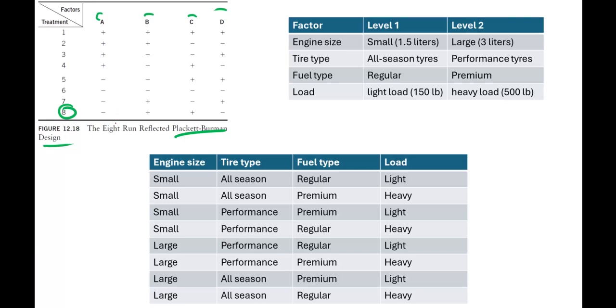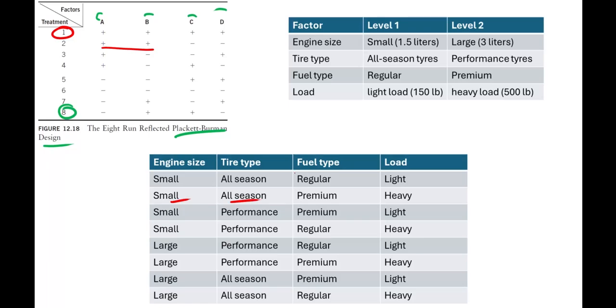Let's go through the runs separately. You can see that the first run or treatment requires all to be at one level, which is small, all-season, regular, light. And the next run says that A and B should be at level 1, so small and all-season.